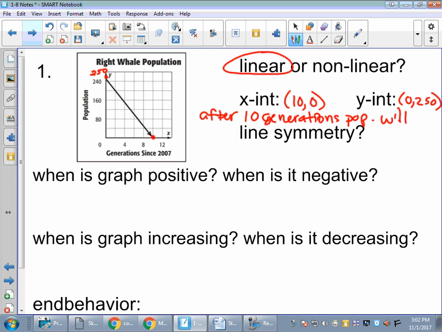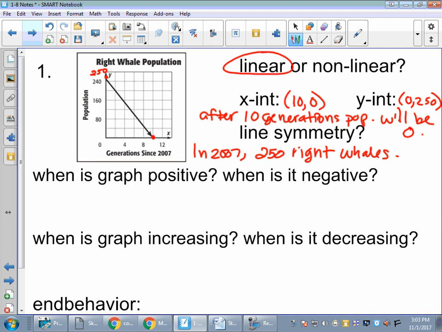So they can kind of predict the future for these whales. The 0, 250 tells me that in 2007, the population of these whales was about 250 right whales. So that's before we even started measuring. When we began this study, there were 250. They're noticing that they're on a decline.